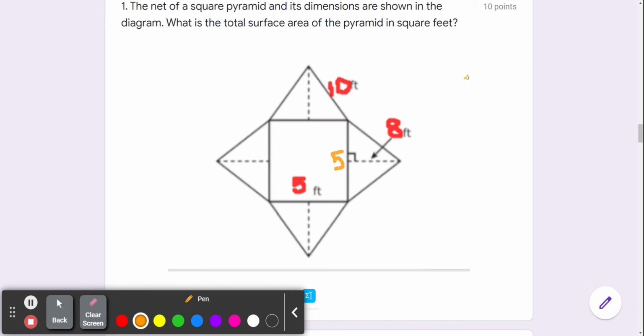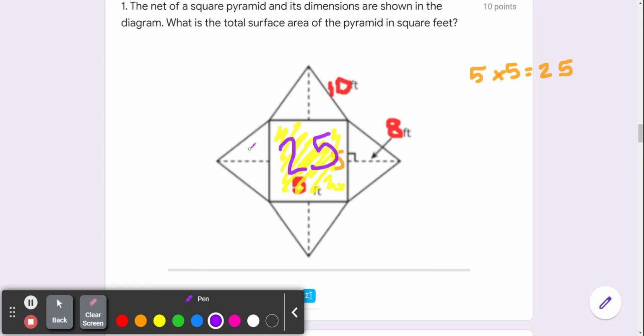So 5 times 5 is 25. So this square in here, shade it in, 5 times 5 is 25. Put it in a different color. So that's the first piece.